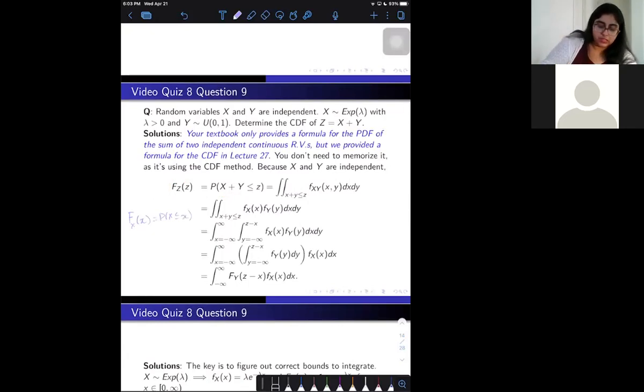But in this case, since we are finding it for Z, and Z is X plus Y, we'll have the probability of X plus Y less than or equal to this little z. Now, since we have two variables, we have a double integral over x plus y less than z, and we are integrating the joint PDF of x and y, right?